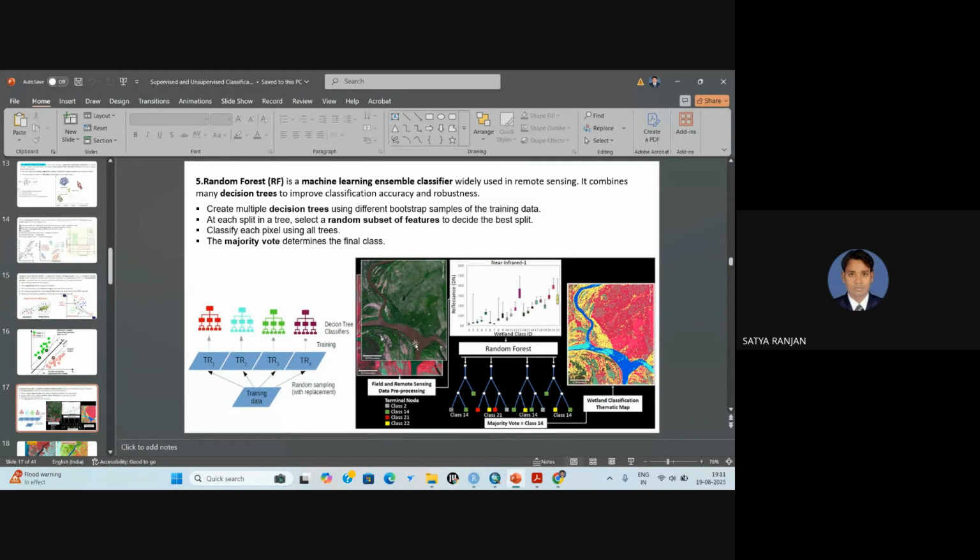Suppose there is an agriculture area: the trees decide whether it is not agriculture, a scrubland area, or a forest land area. If the maximum number of trees decide that it is a cropland area, then it is finally decided to be a cropland area. So these are the decision trees, and based on this it classifies.